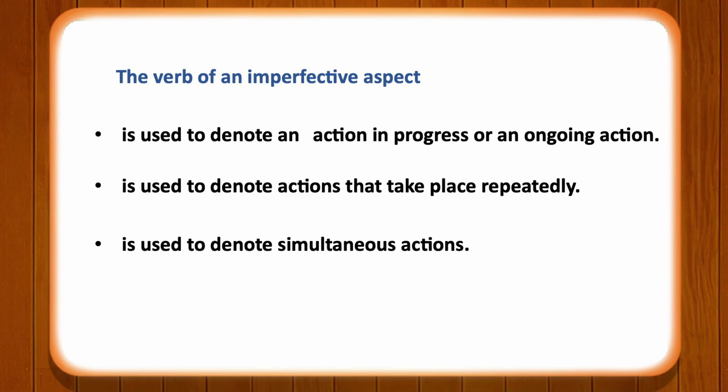So: the action in progress, the action that takes place repeatedly, and two actions that take place simultaneously. To denote such actions, we will always use the verb of an imperfective aspect.